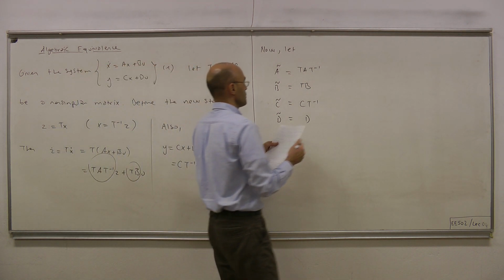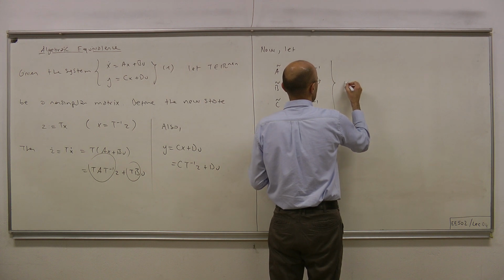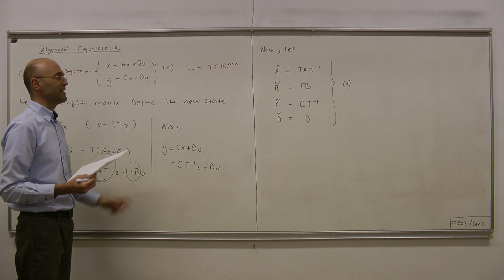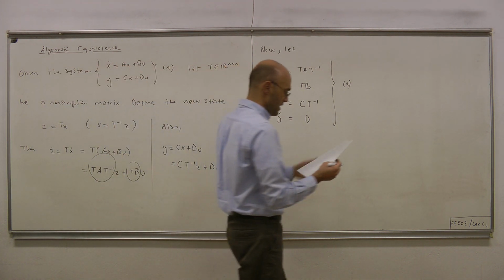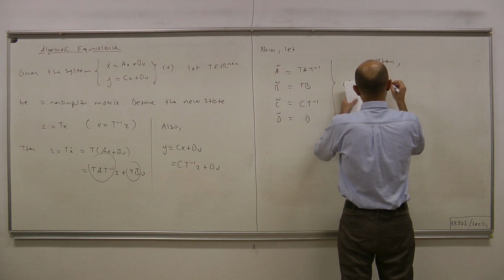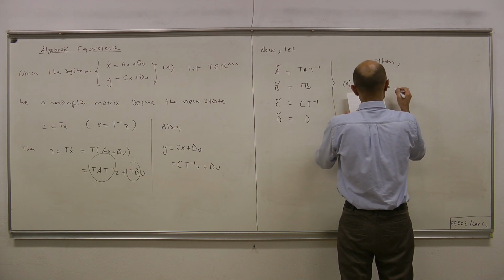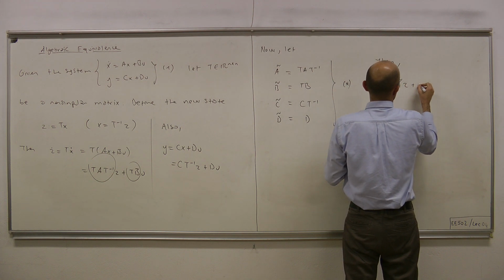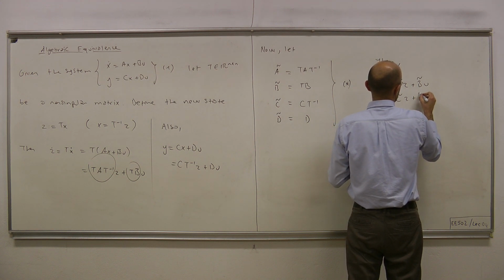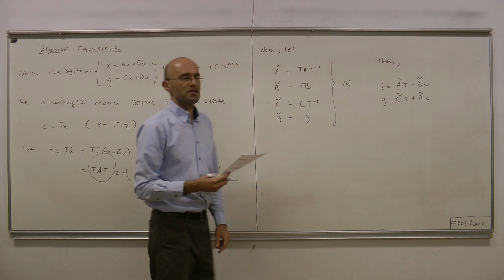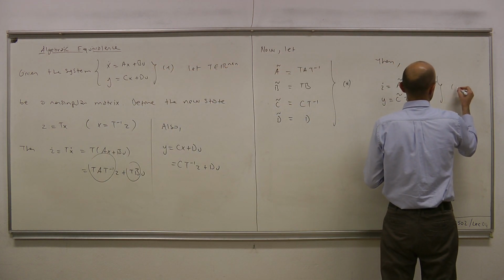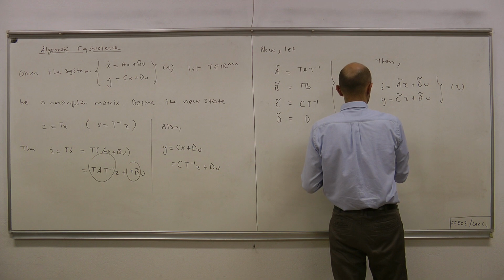Suppose we adopt this notation. Let's call this set of transformations from ABCD to tilde versions star. Then Z dot equals A tilde Z plus B tilde u, and y equals C tilde Z plus D tilde u is a new system whose state is Z. It's a new system.